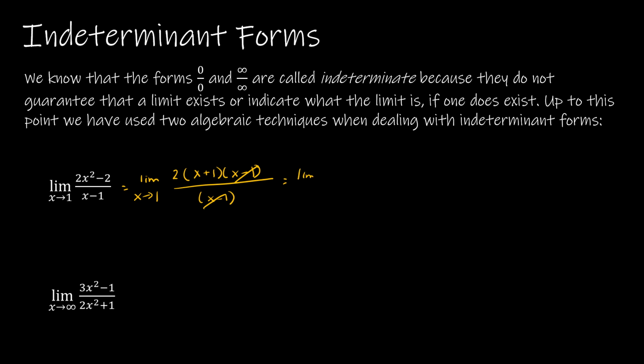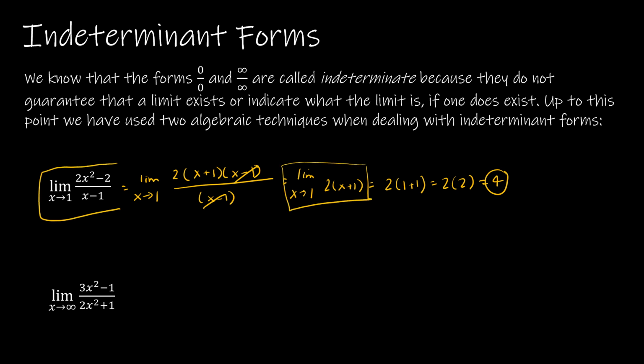So now I'm really just taking the limit as x approaches 1 of 2 times x plus 1. So that's 2 times 1 plus 1, which is 2 times 2, which is 4. So that is the limit. So the limit of this function is the same as the limit of this function.